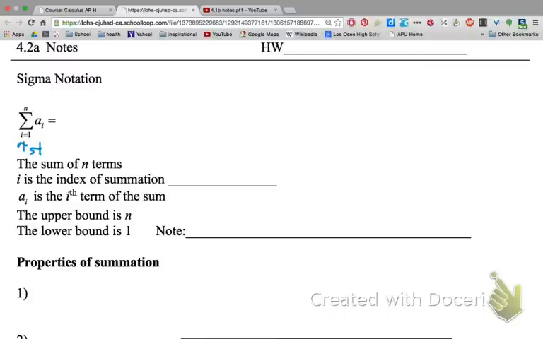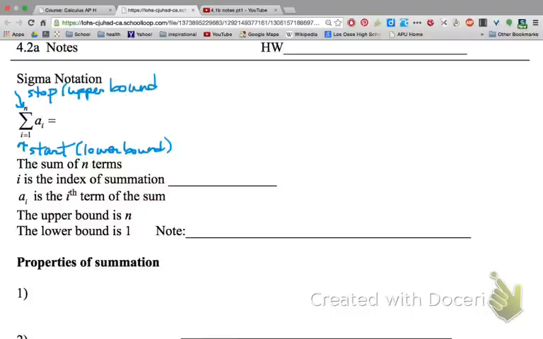Okay, so hopefully you remember this notation, sigma notation, and of course this value down here tells me where to start, and the n value tells me where to stop. We could think of this as the lower bound, and n, whatever's up top, is the upper bound.